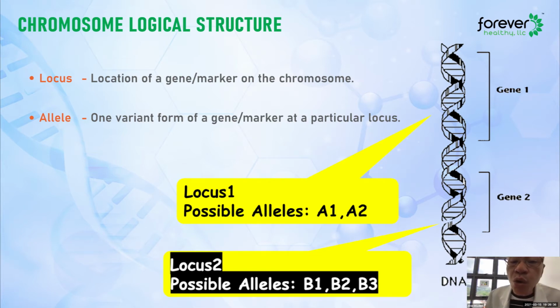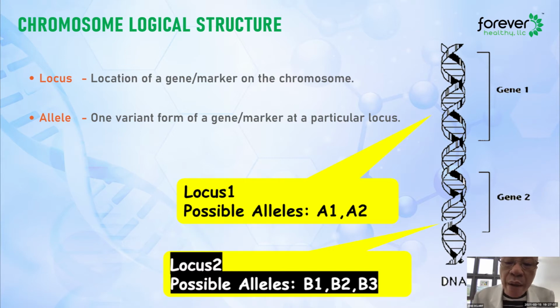In one locus, for example, you may have 2 alleles. Say one locus marker has 2 alleles, allele 1 and allele 2. Or another locus may have possible 3 alleles, allele B1, B2, and B3. So allele is a pair of genes. Take note that characteristics are governed by a pair of genes or more. Your characteristic, intelligence, may be because of so many alleles.